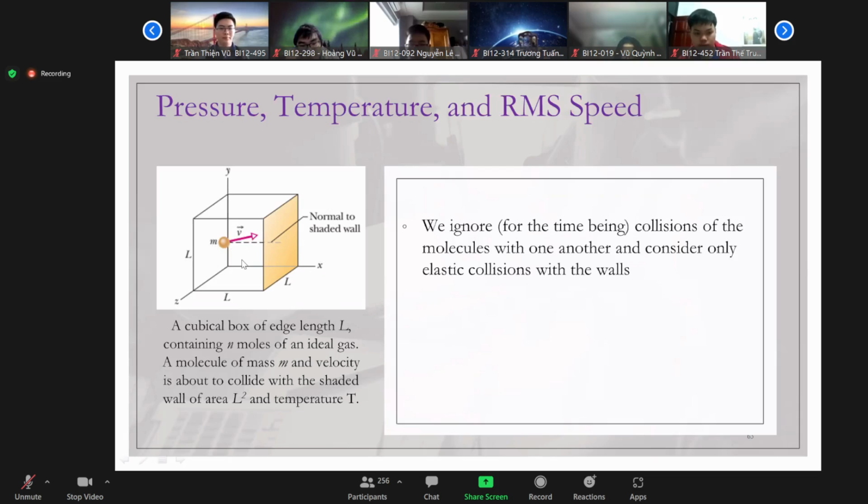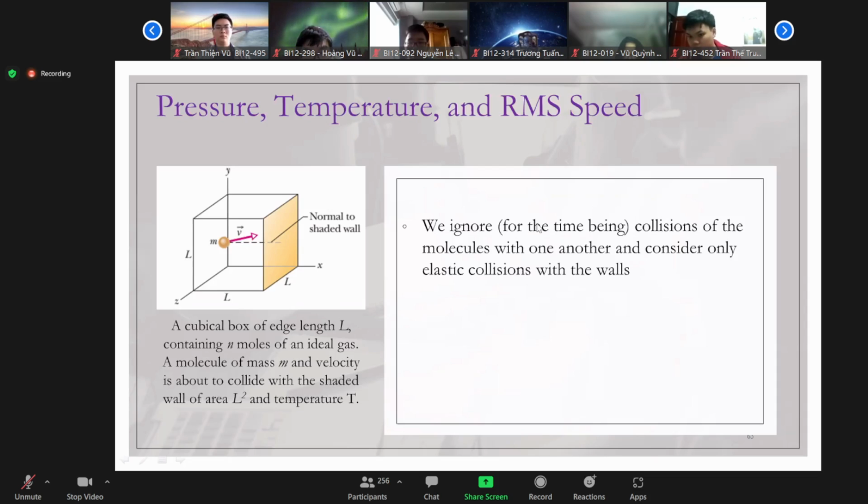What we consider for the time being is that all collisions of molecules are elastic. And for now, we consider only the collisions of the molecules with the walls, here, this shaded wall.